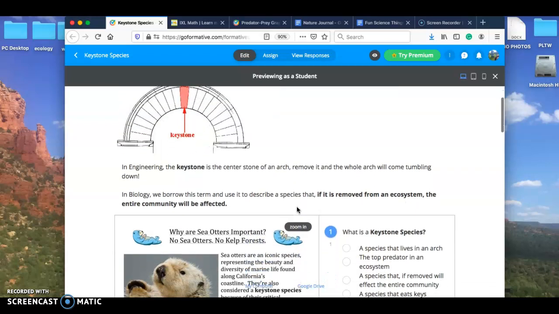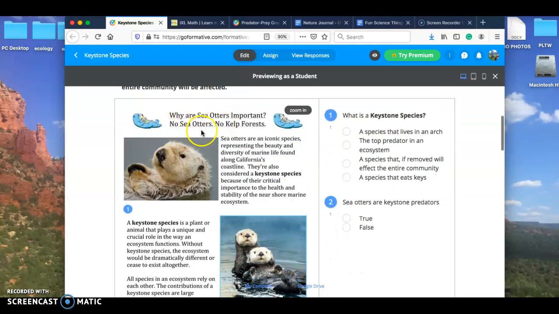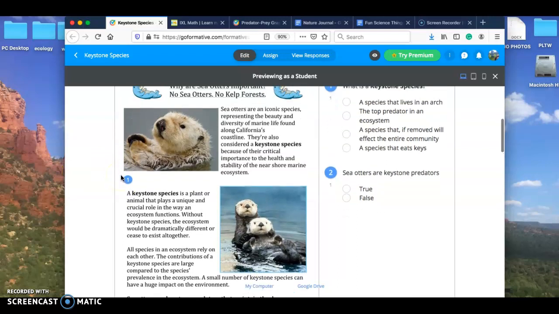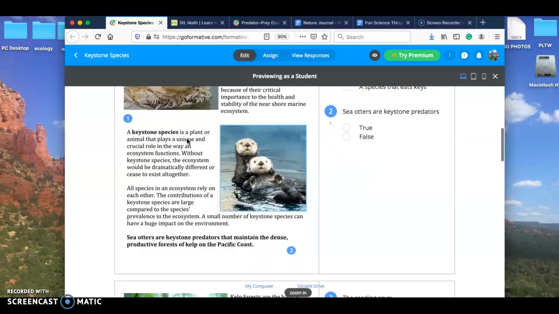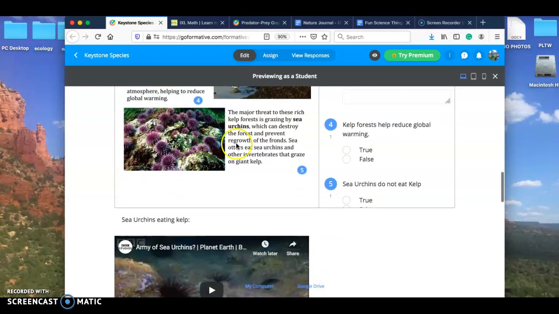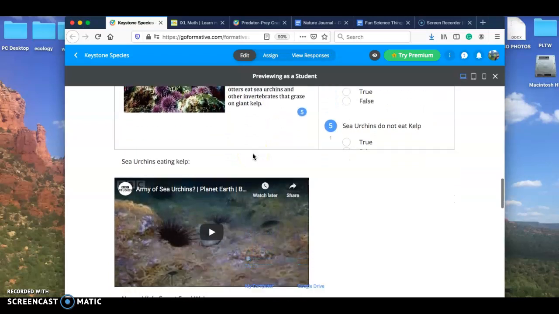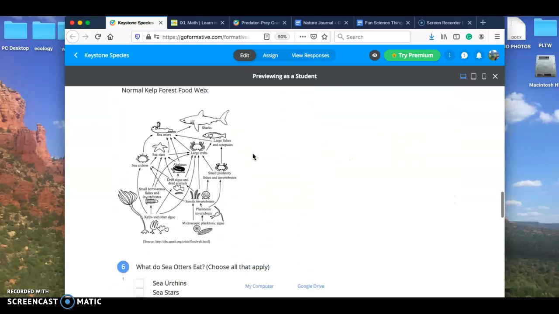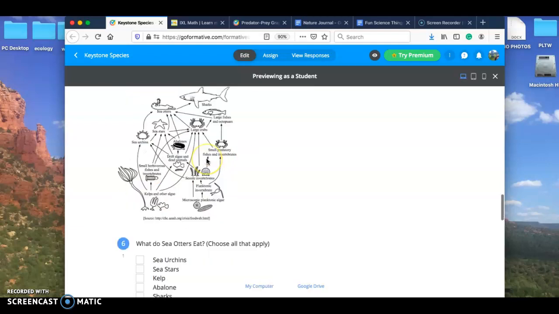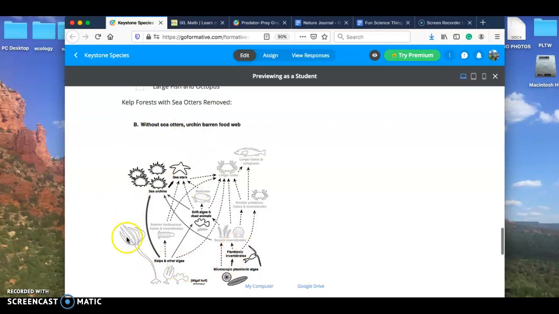We're going to look at a case study of sea otters that are keystone species in the kelp forests of California. And you're going to learn a little bit about sea otters, where they live, what they eat, and how they can make a huge difference in their environment. You're going to look at a couple of food webs, one with sea otters present, one with sea otters missing.